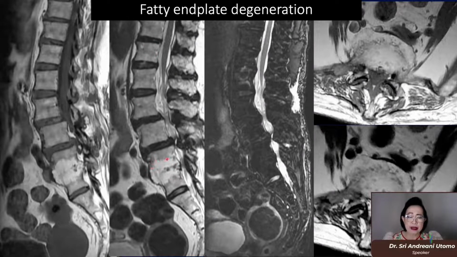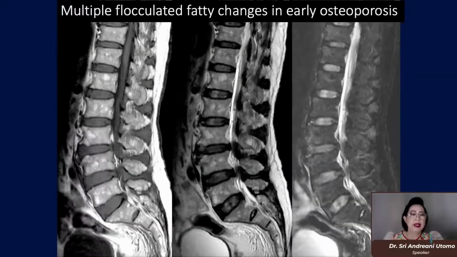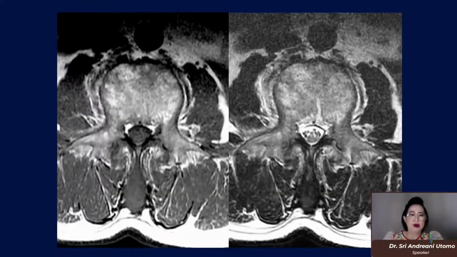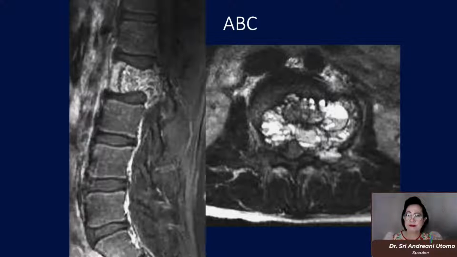It shows fatty changes, but this is not hemangioma. There are multiple flocculated fatty changes, and this is not hemangioma, but fatty changes due to early osteoporosis. And in axial, we also don't see the polka dot sign, just fatty changes of the vertebral body.